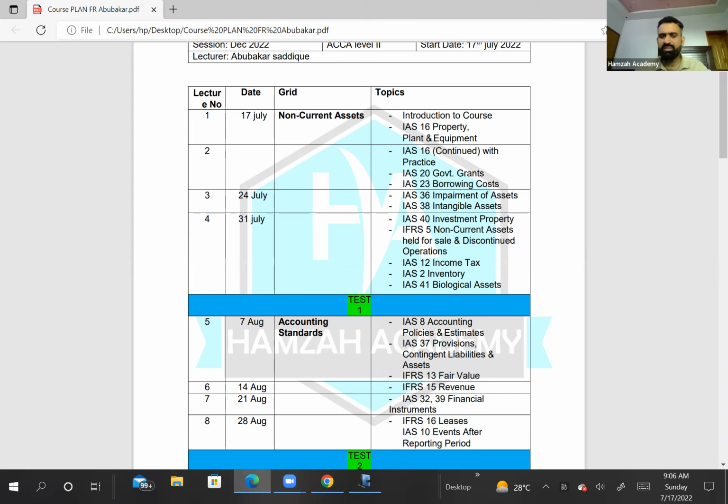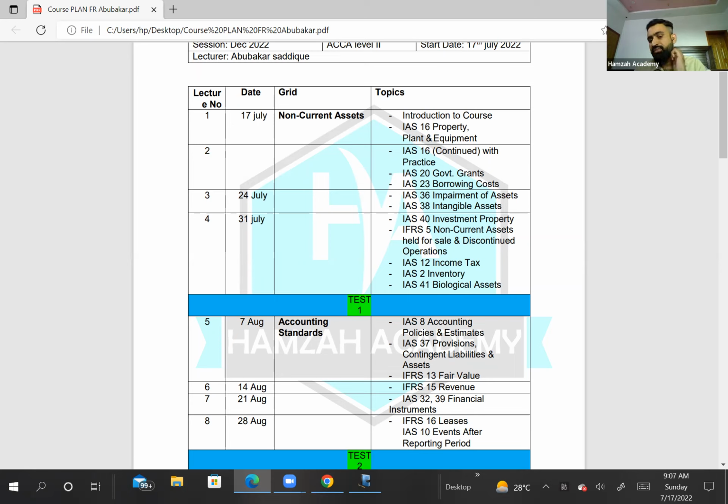These are the intangible assets. We have IAS 40, investment property. Investment property means a property whose purpose is to be given on rent or that is held for capital appreciation. For such properties we have IAS 40 in FR.